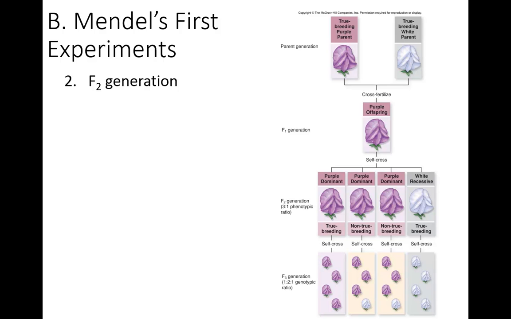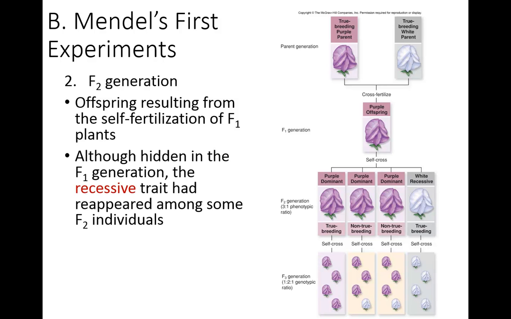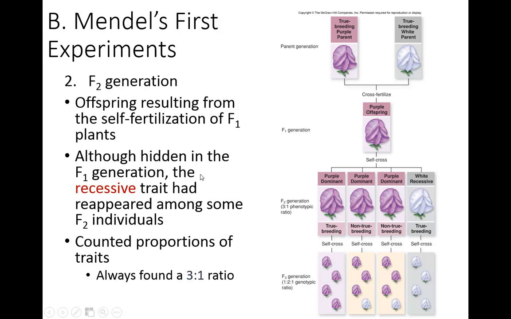So, some of the things Mendel did is he took the F2 generation, which again was the self-fertilization from the F1 plants, and he realized that in the F2 generation that recessive trait showed up again. And it was always in this 3-to-1 ratio.